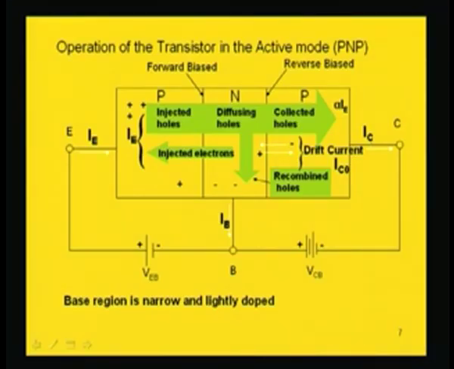So, if we consider alpha is the fraction of the emitter current due to the holes which are reaching the collector from emitter, then alpha times IE is the portion of that current which will be constituting the collector current, and another part is the reverse saturation current IC naught. So, this IC will be equal to alpha times IE plus IC naught.